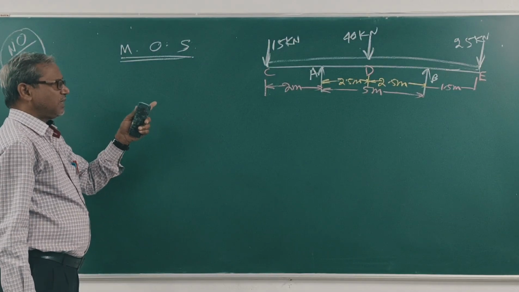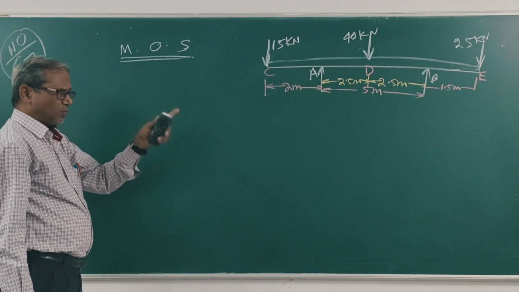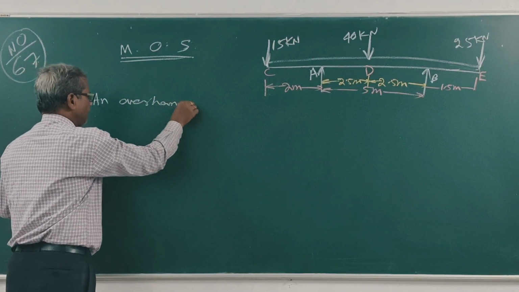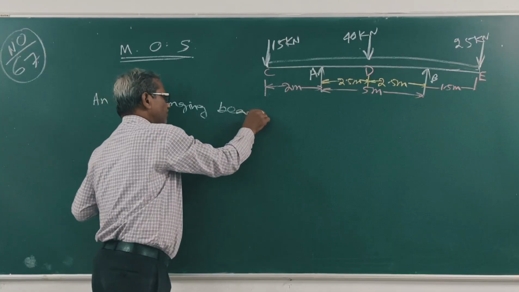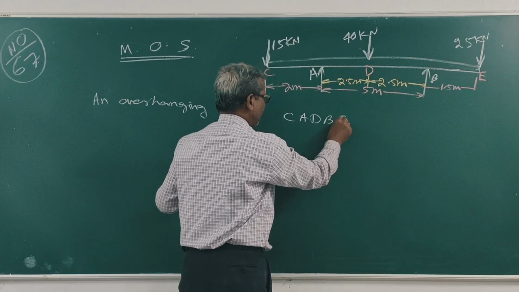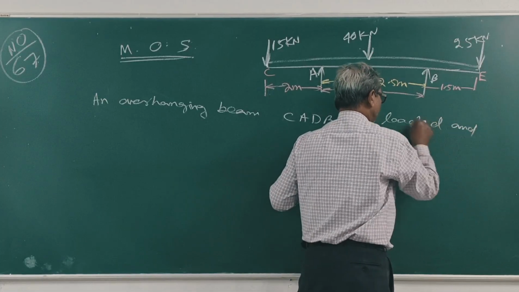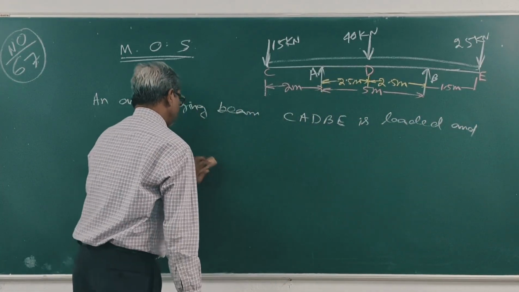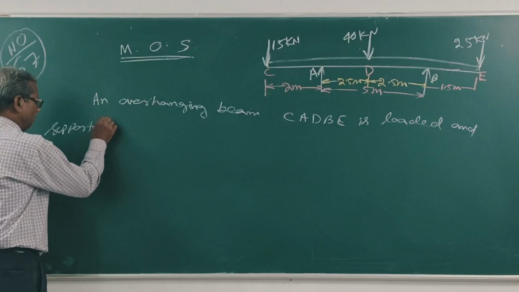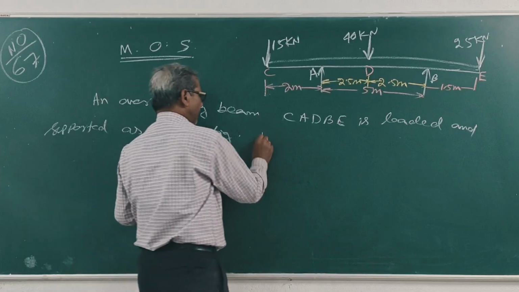The question is: an overhanging beam CADBE is loaded and supported as in the figure.